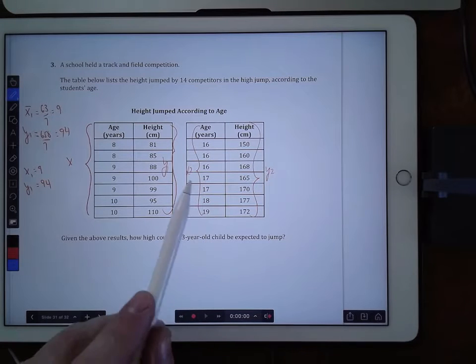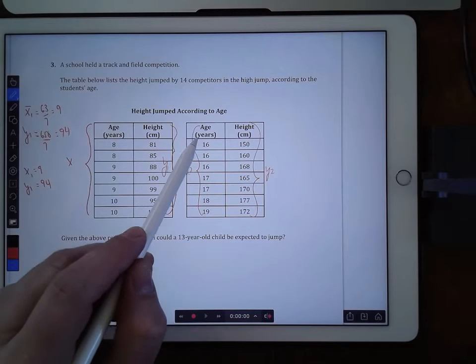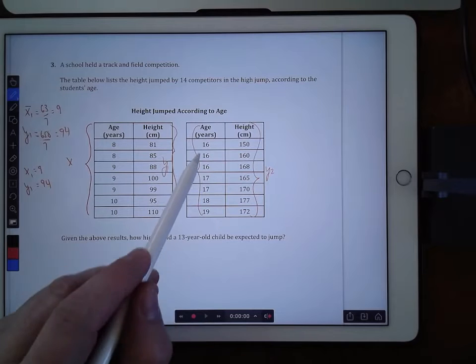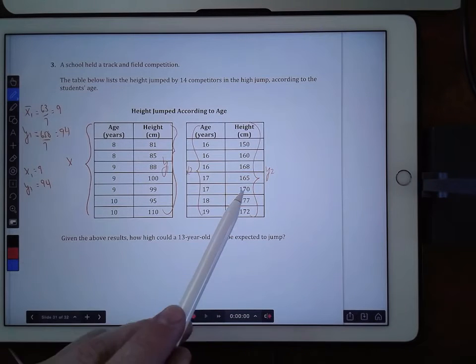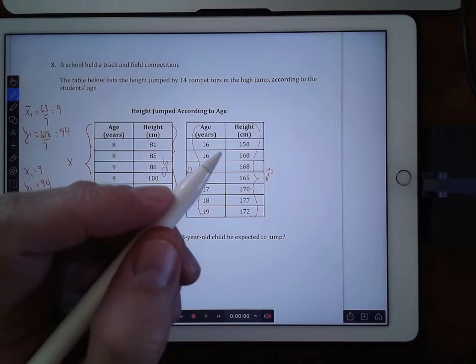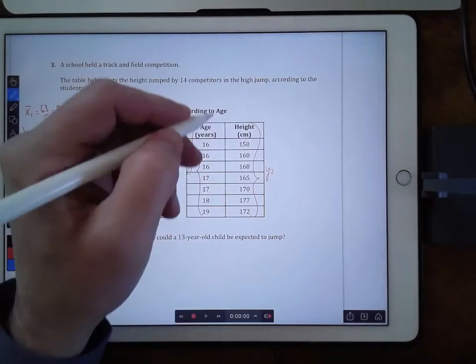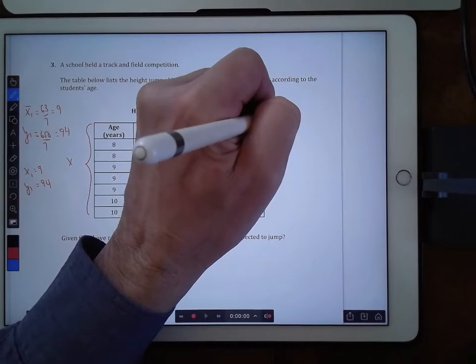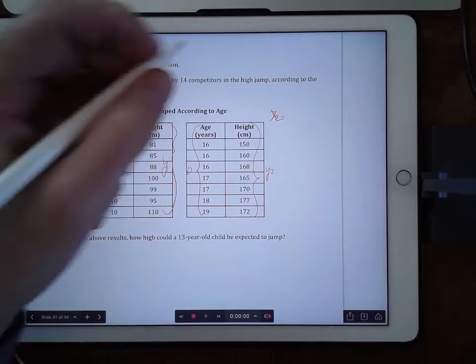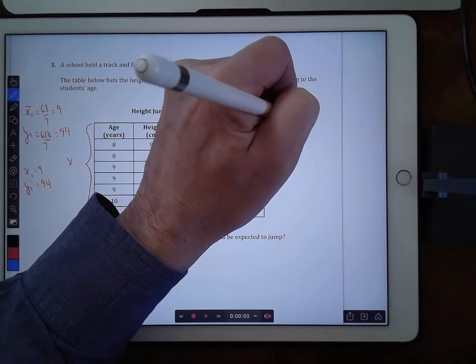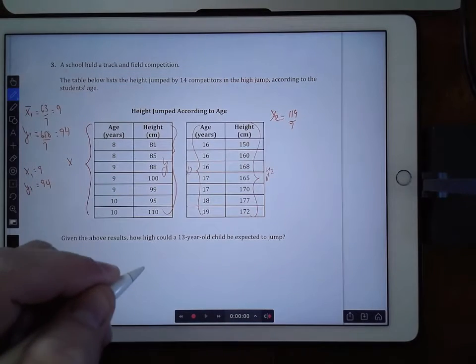On the right-hand side, we do exactly the same thing. I'm going to get the average of the ages on the second set of the data, and then the average heights. We'll call those x2 and y2. When I get the average of the x's, x2 will be equal to 119 divided by 7, which comes to 17.